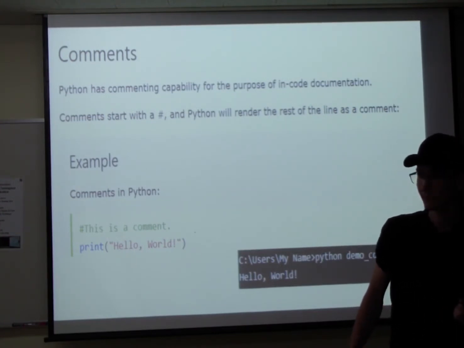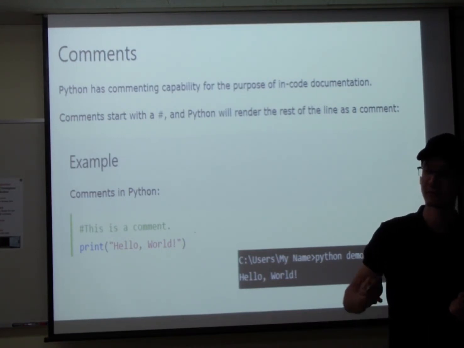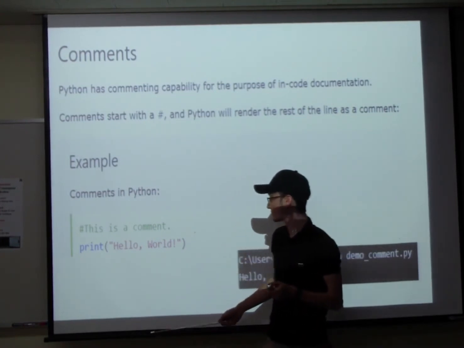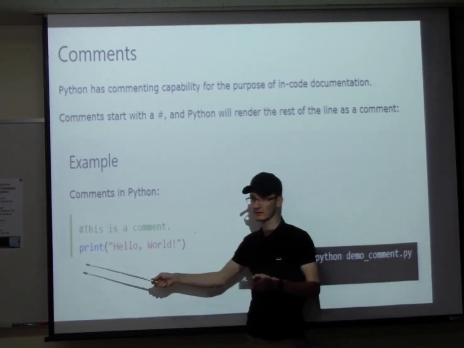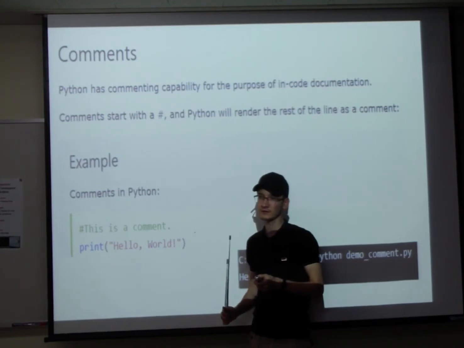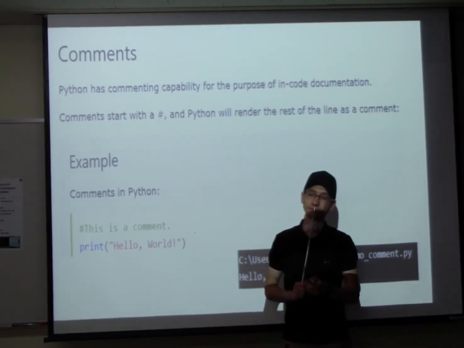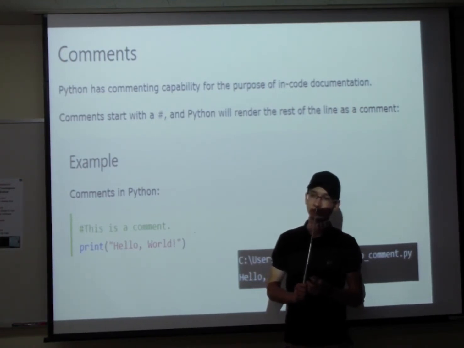Is there any place where we cannot write a comment line? We can write comment lines almost anywhere. For example, for a loop, or a function, we can just put it.